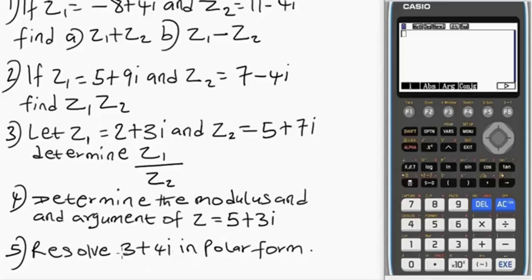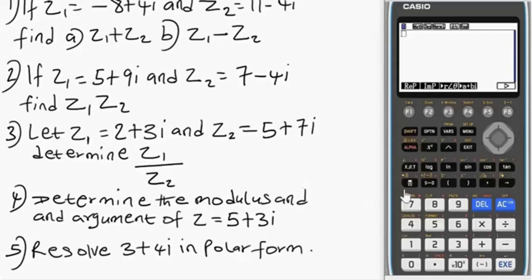Now we are asked to convert this complex number from rectangular form to polar form. All you have to do is press F6 for next. So this is it. This symbol under F3, arrow angle theta, is what we're going to use to convert it from rectangular form to polar form.